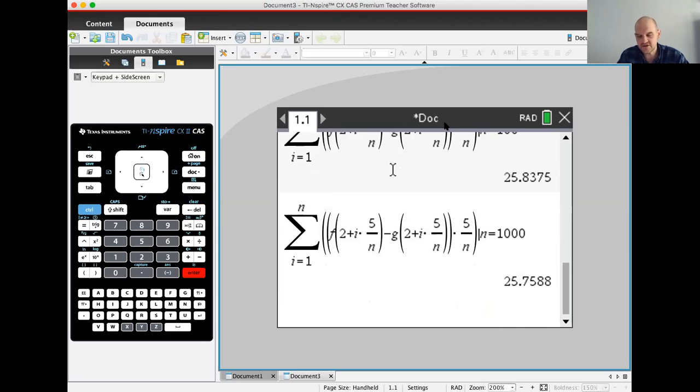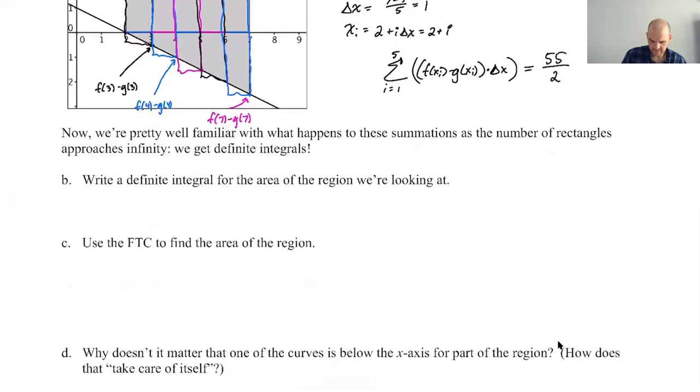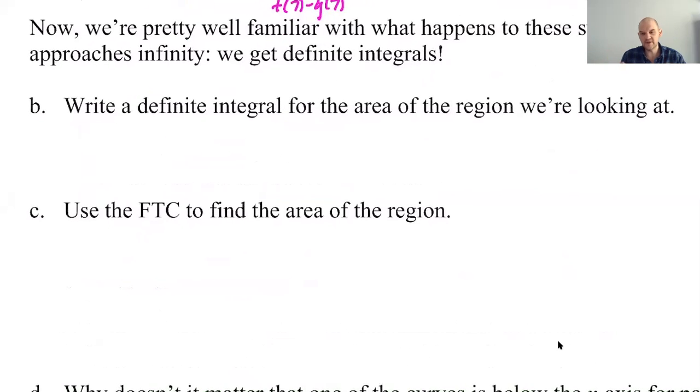But we weren't really asked to do any of that. But let's write the limit of the Riemann sum, turn it into a definite integral, and see what we get. Okay, so limit of a Riemann sum.